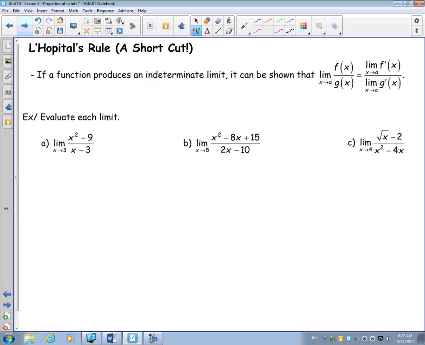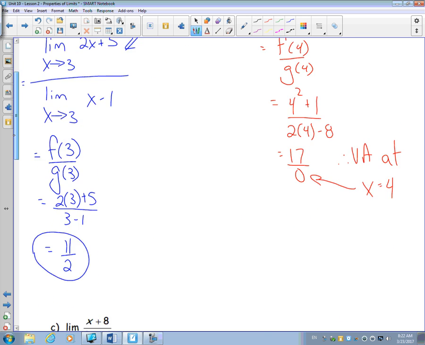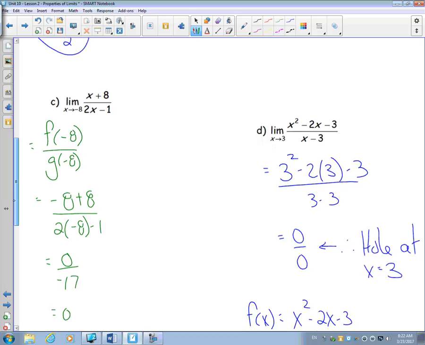So if a function produces an indeterminate limit, 0 over 0, a hole, it can be shown that you can find that limit by taking the derivative of the top, the derivative of the bottom, and then doing the limit. It's a bit of a shortcut. If you go back for a second, go back to the easy one. Let's go look at f for a second. F had an indeterminate limit, right? 0 over 0 right here.